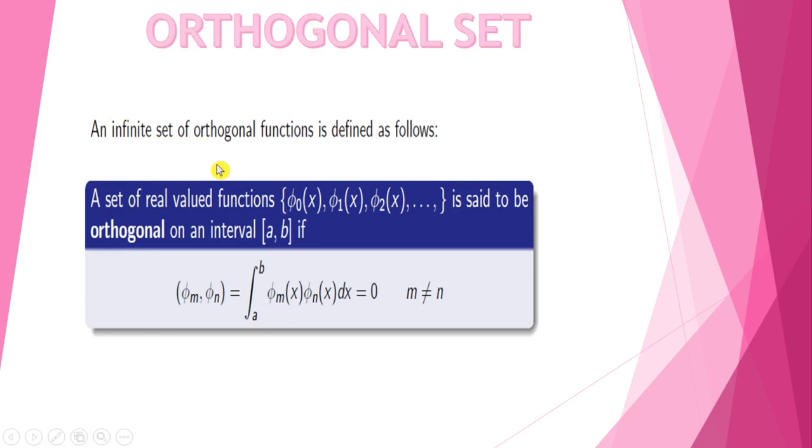An infinite set of orthogonal functions is defined as follows: a set of real valued functions phi0 of x, phi1 of x, phi2 of x and so on is said to be orthogonal on an interval a comma b if the inner product of phi m and phi n, which is the definite integral from a to b of phi m of x multiplied by phi n of x dx, is equal to 0 for m not equal to n. This is called an orthogonal set.